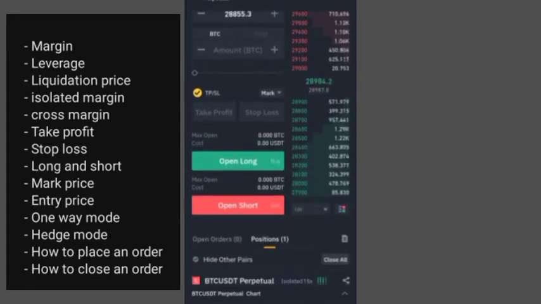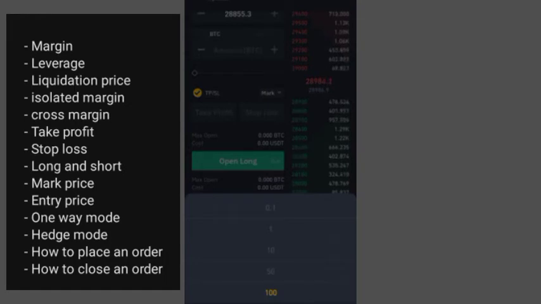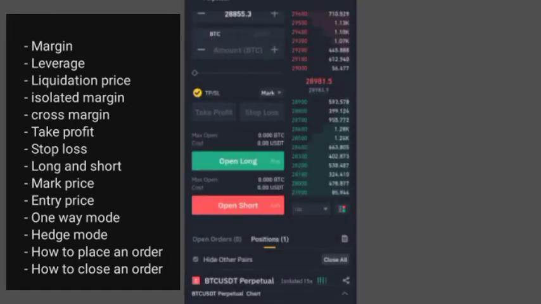For example, this is not advisable, but if you want to do that, it's left for you. If you watch this 28,600, 28,500 here, there is about 1.330K. Here is about 1.26K. That is above 1 million naira. This is just an order block.